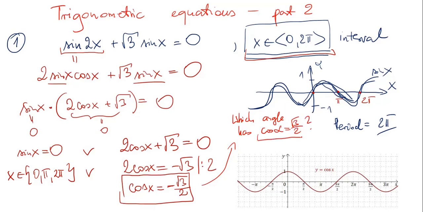First, we need to think about a positive number, because then we will easily find the negative one. But let's start with positive. So this is exactly which angle? It's exactly 30 degrees. So it's pi over 6, right?